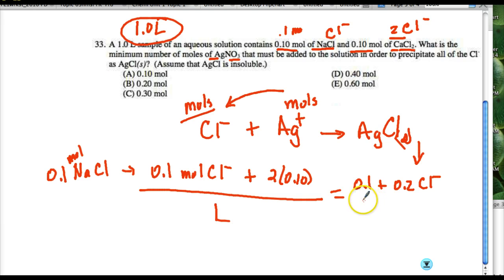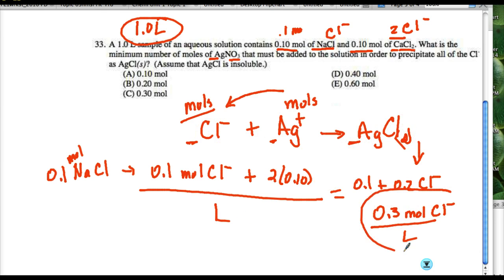And so I have 0.3 moles of chloride, and that's in a liter. So how much is it going to take to react with that? Well, I'm going at a 1-to-1, aren't I? So this is a 1-to-1 to make this. And so that's how many moles of the silver nitrate I need. Voila, we're done. See you mañana.